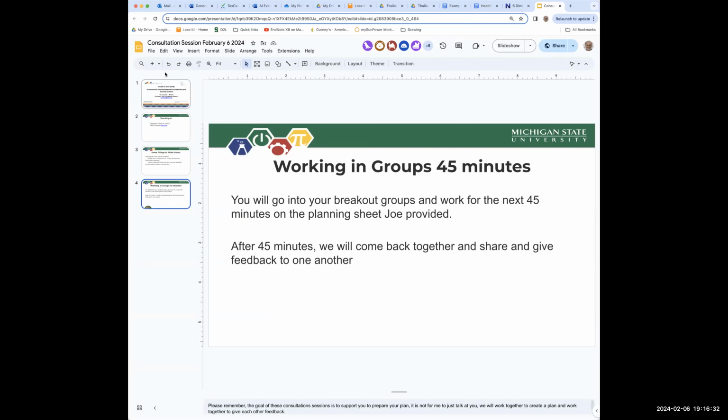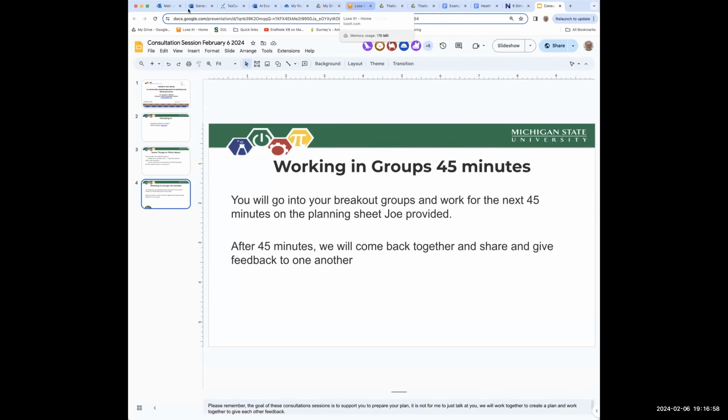We want you to have conversations in those breakout rooms. We'll go for about 45 minutes, then come back. And it is going to be a dialogue. I don't want to be talking the whole time. I want it to be a dialogue about what things you're seeing, what ideas you're having, what questions you still have, and what things you're still having challenges with.